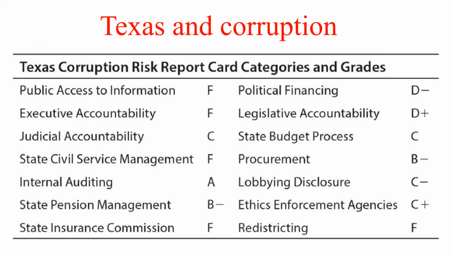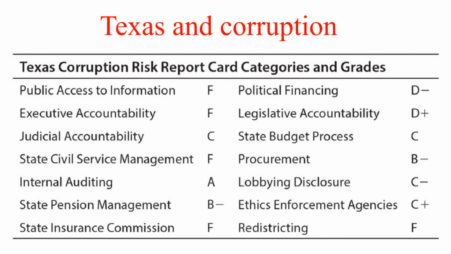When we look at the state rankings, we see that, unfortunately, the state of Texas ranks pretty low on the corruption rankings, and low means bad grades. It's a highly corrupt political environment, according to various aspects of our political system.